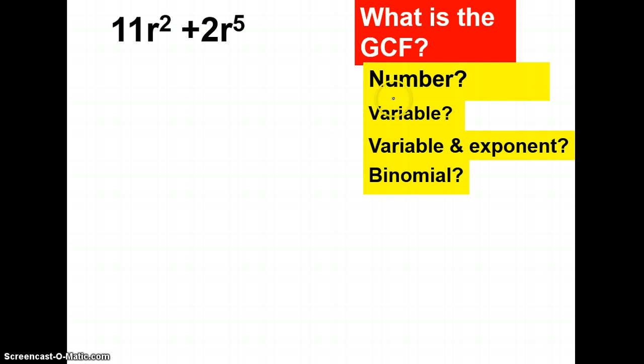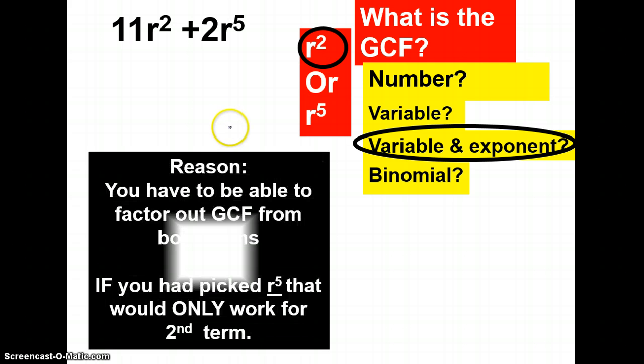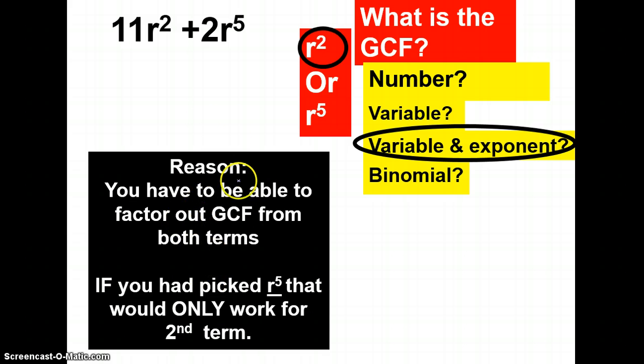So what do they have in common? Well, I know they have a variable in common, but again, what's the highest exponent I can take out? R to the 5th or R to the 2nd power? R to the 2nd power. And the reason for that is you have to be able to factor it out of both terms. If you had picked R to the 5th, it would only work for the 2nd term.